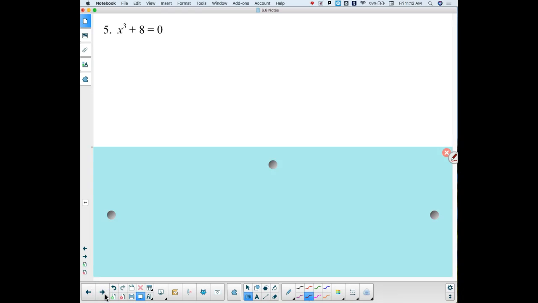What about that one? What do we do on that one? Cube root right off the start? No, why not? Variable's not by itself yet. So first we should subtract 8.